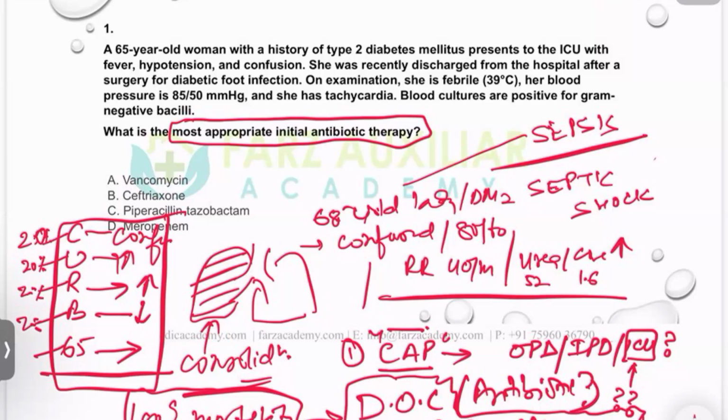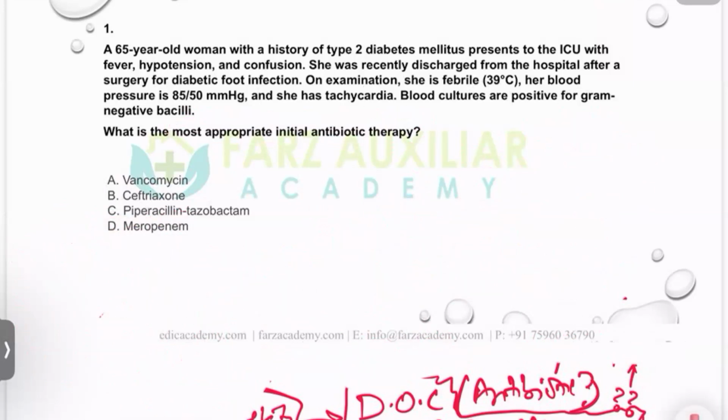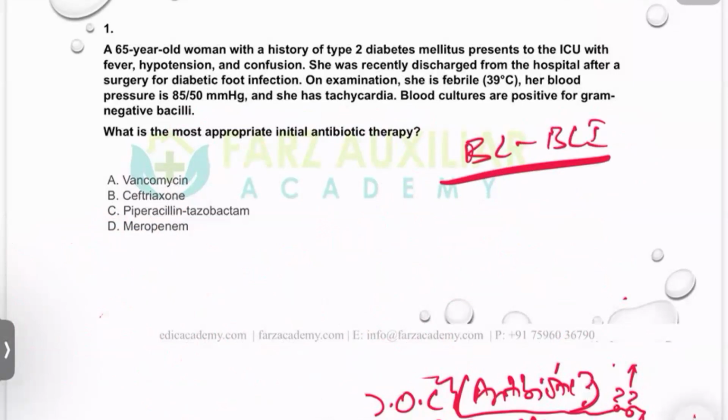Doctor, what is BL-BLI? Sorry. The BL-BLI is basically from the British Thoracic Society guidelines, which say that you need to give BL-BLI. That means a beta-lactam drug plus a beta-lactamase inhibitor.